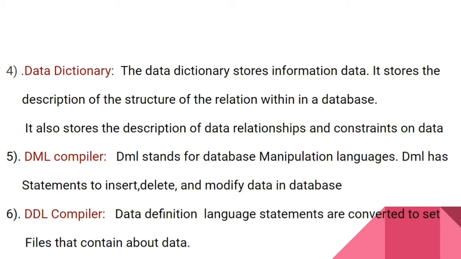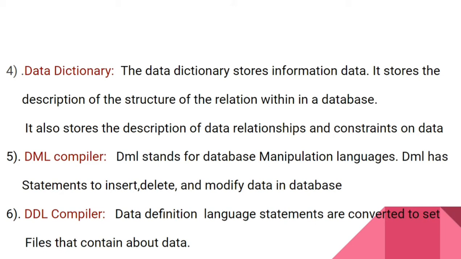So all these things are present in the data dictionary. It also stores the description of a data relationship and constraint on the data. For example, if I have the student table, in the student table I define a constraint: with the help of a registration ID, we can access the student data.